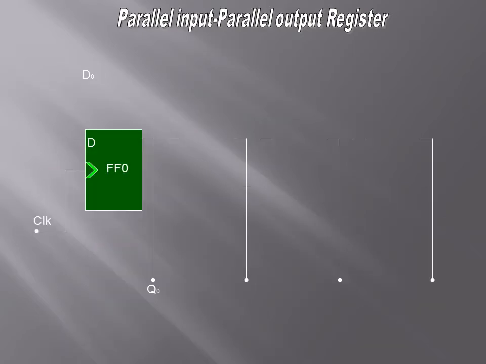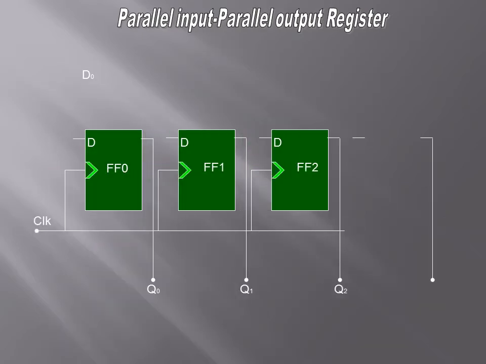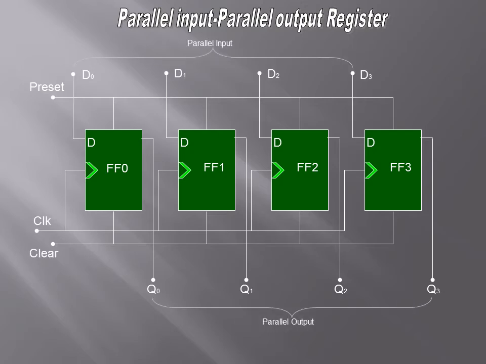The last type is the parallel input and parallel output register. Here every individual flip-flop has an input and an output which is not dependent on the other flip-flops. The only dependence is that of the clock.